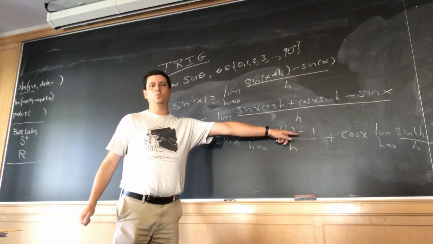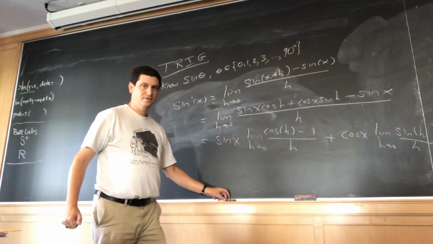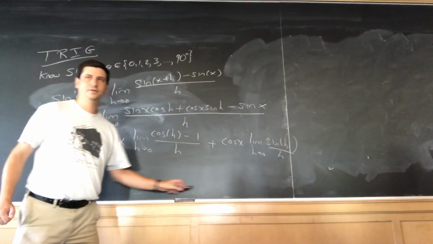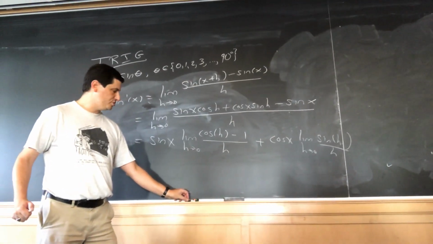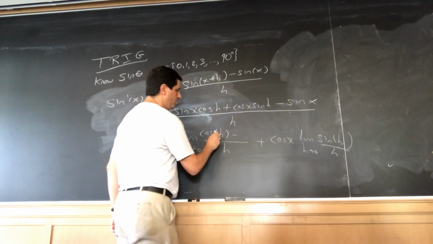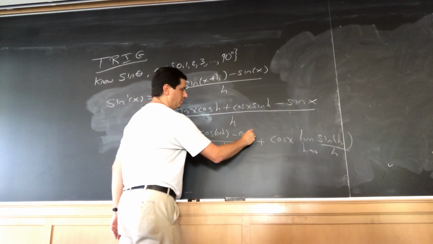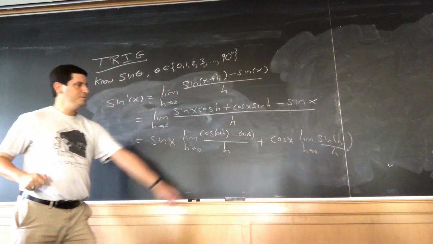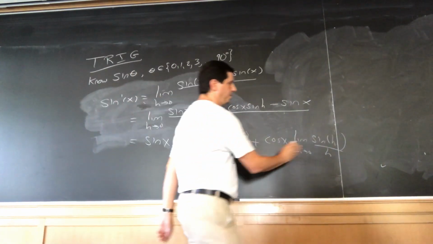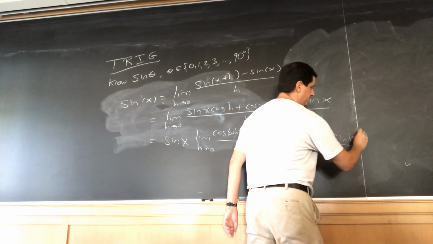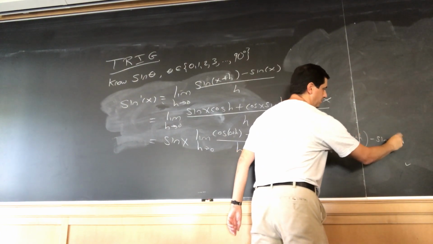What's another way to write 1? How else can you write 1? Yes? We can write it as cosine of 0. So we can really view this as cosine of 0 plus h minus the cosine of 0. And similarly, I can write sine of h as sine of 0 plus h minus the sine of 0.